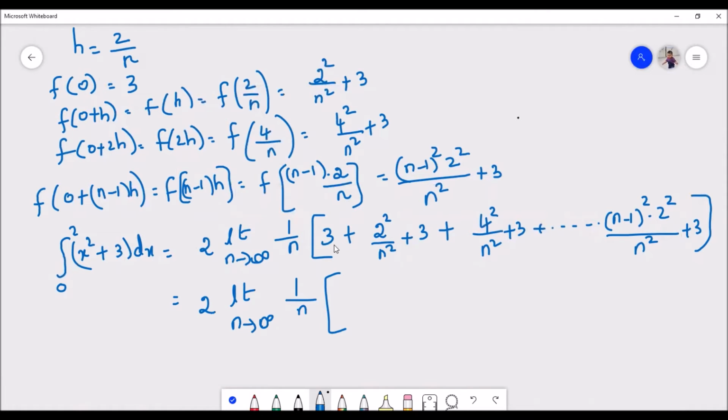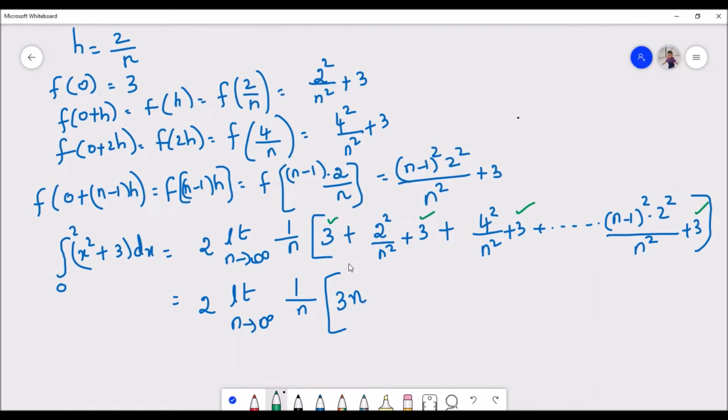It starts from the 0th term onwards, so totally n terms are there, because this term is the n minus 1th term for us. It starts from the 0th term to the n minus 1th term, which means it has a total of n terms. So the 3's are having a total of n times 3, which is 3 into n. So all the 3's we grouped. Here 3, 3, 3, 3. Since the last is the n minus 1th term, but we are starting with the 0th term.